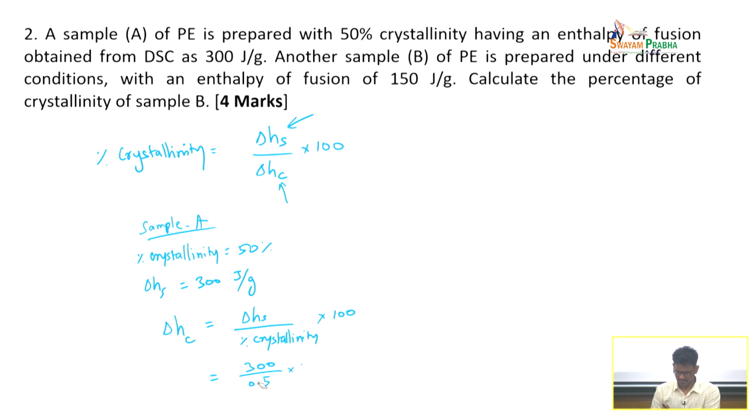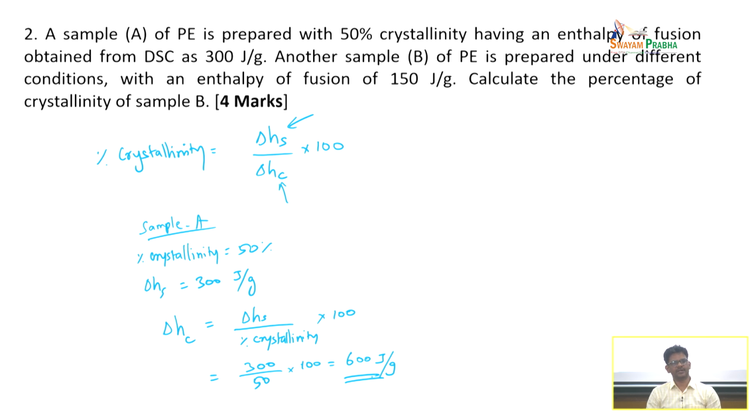So this should be 50%, right? 50, 100. So this will give you 600 joules per gram.